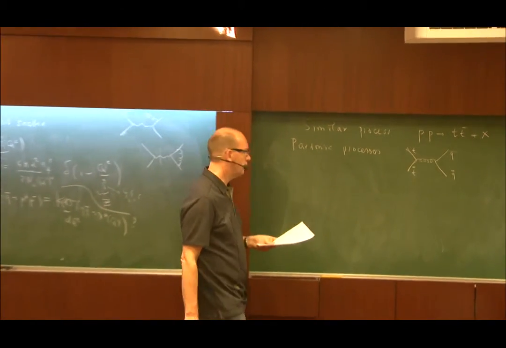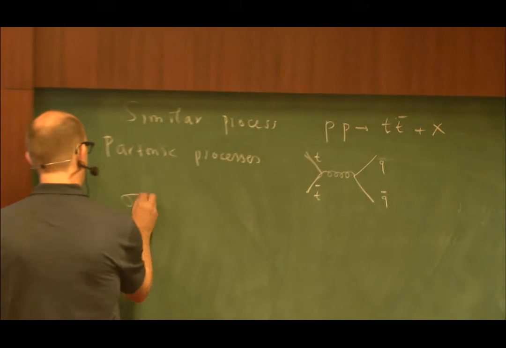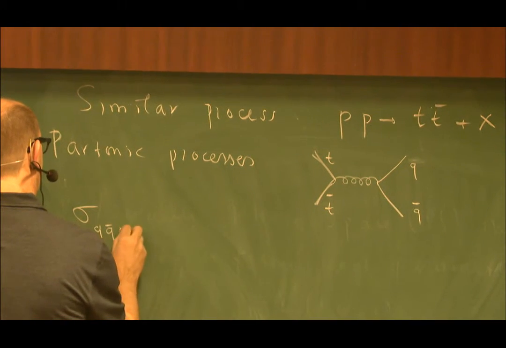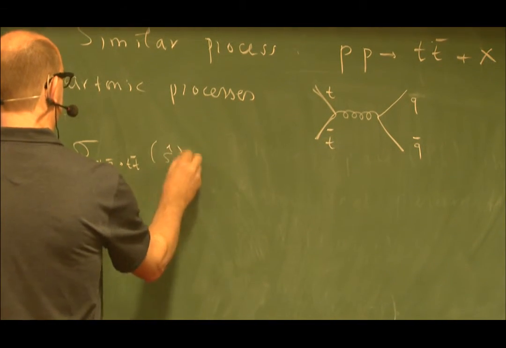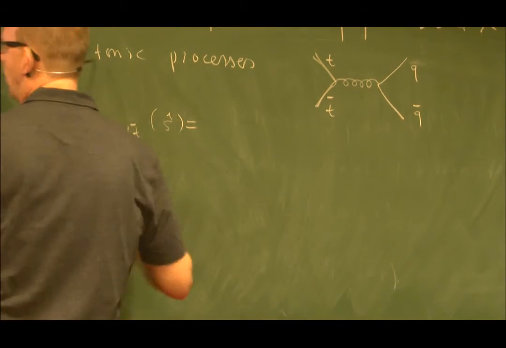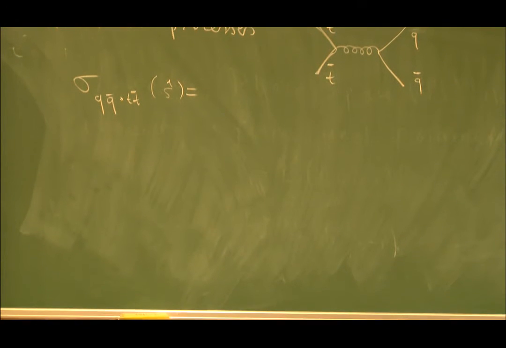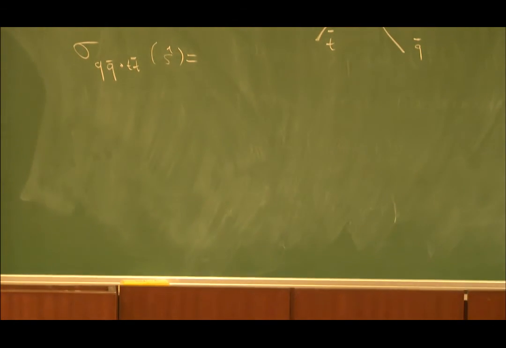but I can give you the cross-section. It looks very similar to what we just had. So the cross-section for q q-bar to t t-bar as a function of s hat. Here I will just give you the formula for this. I will not do the differential one, just this formula.